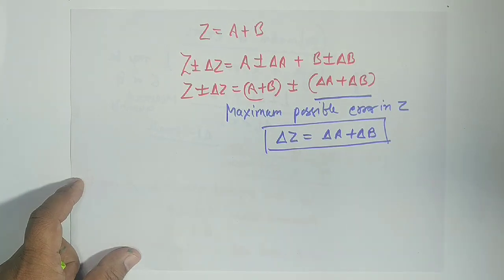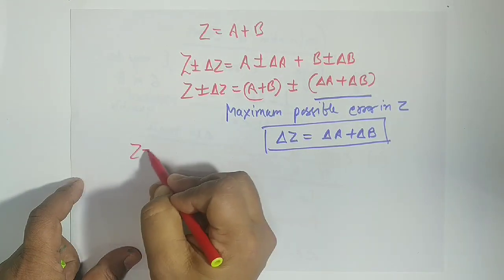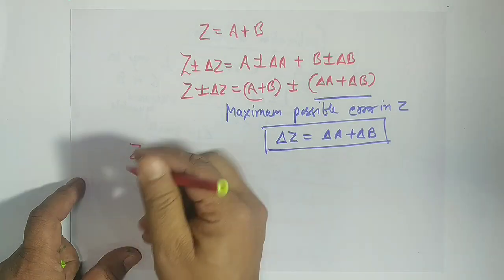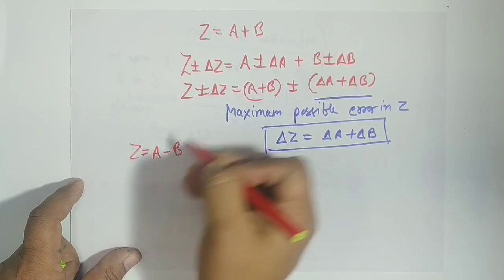And same if I want to do Z equal to A minus B, the same thing will come.